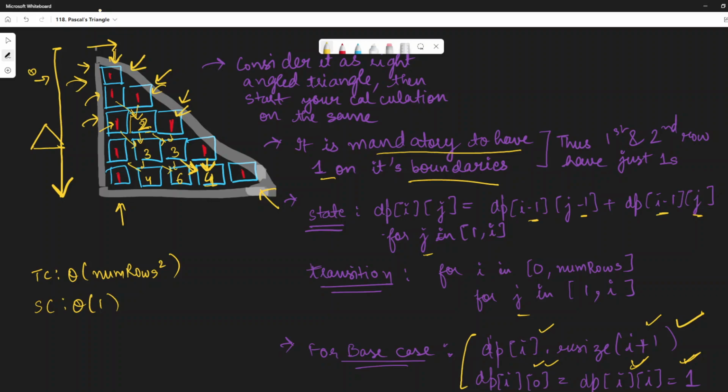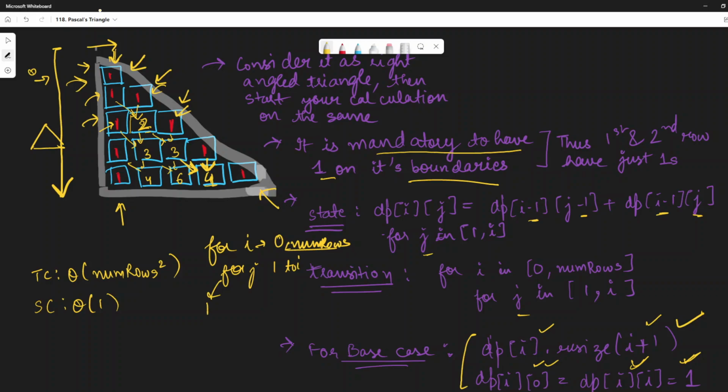But it is straightforward that there would be two loops. The outer loop is the I loop. It would be simply from 0 to numRows, right? And for each of these we are required to go with our j from 1 to I, right?